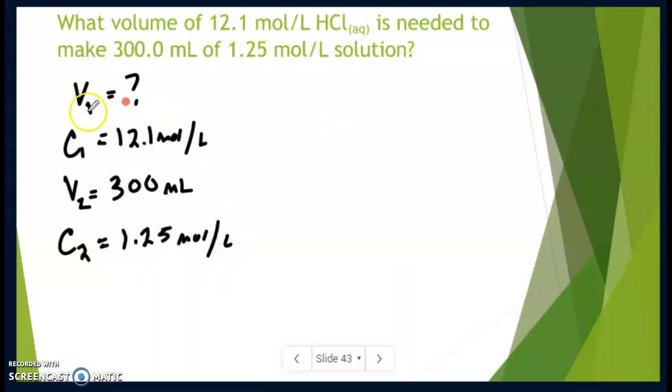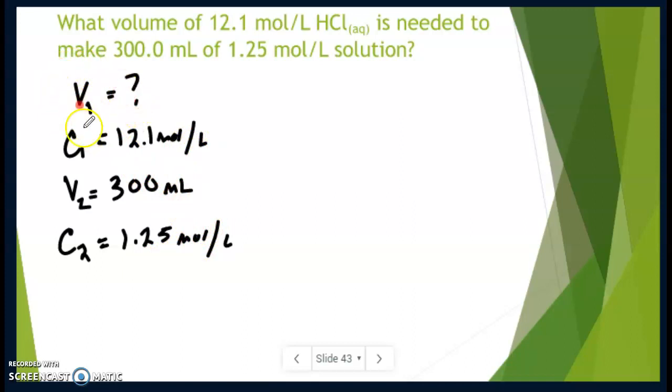This is all hydrochloric acid. We're dealing with an initial solution, and then we're adding volume to get a secondary concentration. Notice how my concentration is 12 here and it goes down to 1.2, so we've diluted this by adding more water.